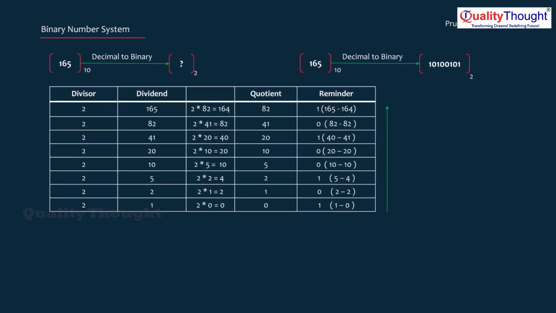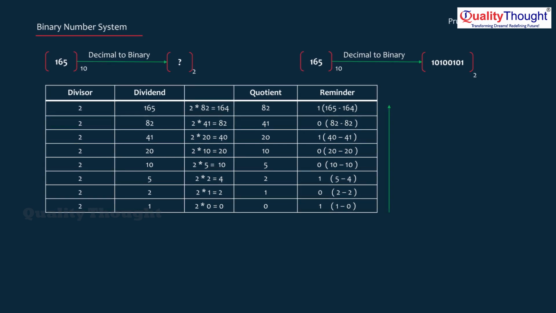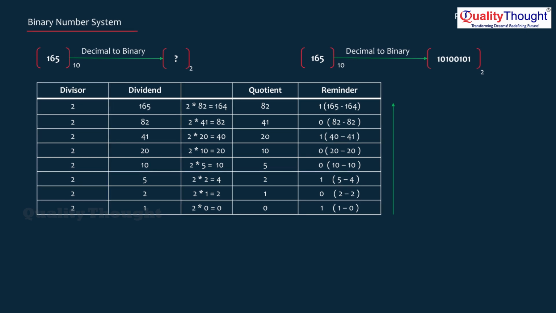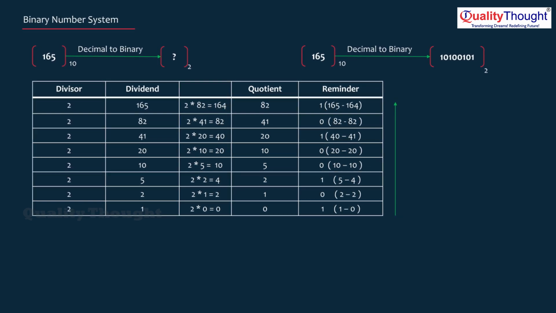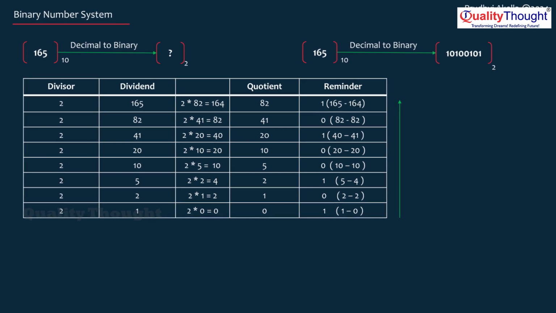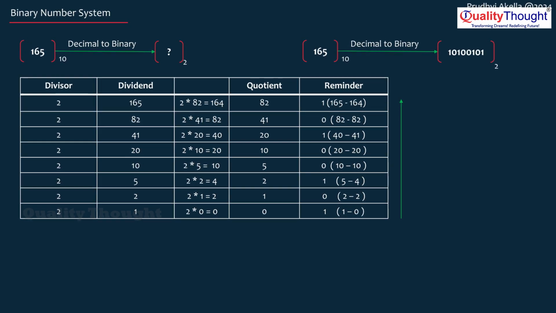You need to take the dividend as 165, and you will get an initial quotient and then the respective remainders. You have to continue this exercise until you reach the quotient as 0. Then you need to put down all the remainders together, starting from MSB till the LSB.